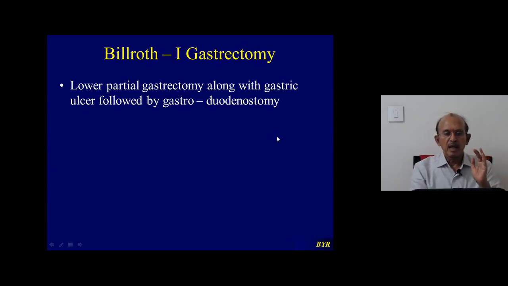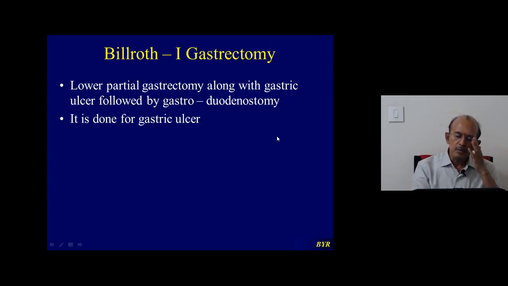That is why the ulcer bearing area also should be included in the operation. So the distal part of the stomach, that means the pyloric antrum, along with the ulcer bearing area on the lesser curvature is resected, followed by anastomosing the stomach to the duodenum. So this procedure is done for gastric ulcer.